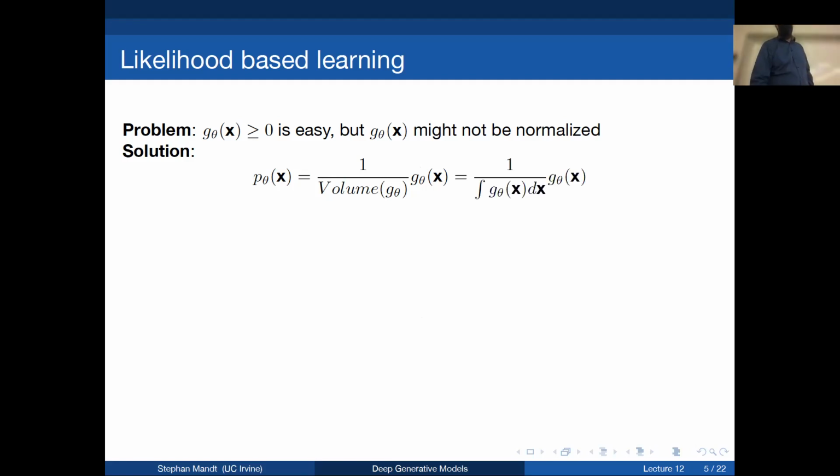I explicitly normalize g of theta by multiplying it with a scalar, and that scalar is exactly 1 divided by the integral of g theta over all possible values of x. So now by construction, this gives us a normalized probability density over x. By definition, P now integrates to 1.